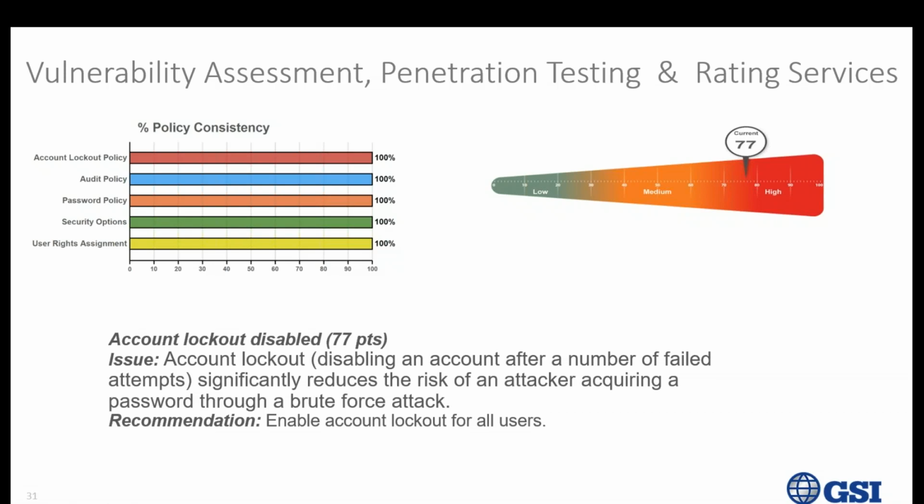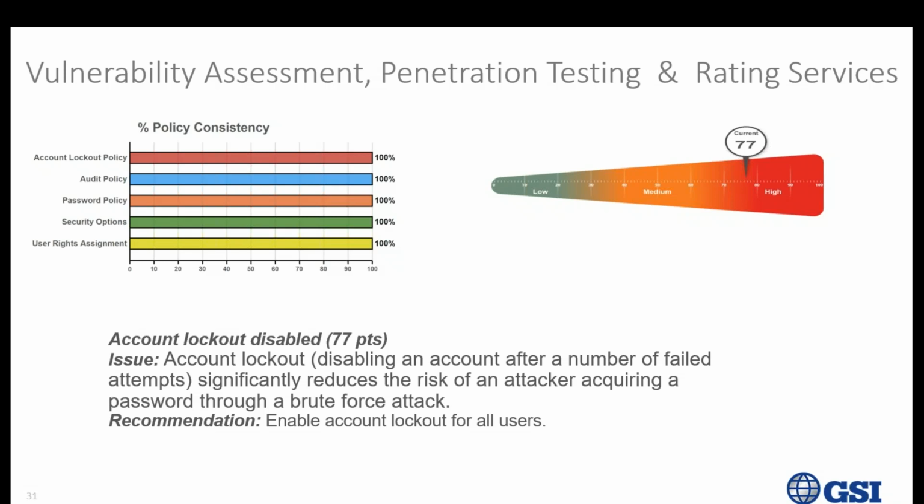Thanks. So as we're talking about pen testing and vulnerability testing, the idea here is that you're going to get a rating. You're going to prioritize the vulnerabilities, and you're going to look at the overall environment to do so. These are just some examples, things to look for.